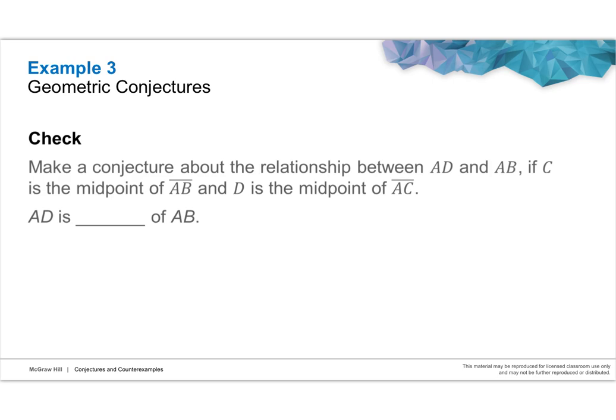All right, reading through our check for example 3, and we are on page 155. We're looking at drawing a diagram so that this is true about the lengths of these segments. First of all, we're told that C is the midpoint of AB. I'll start with a nice long segment, AB.